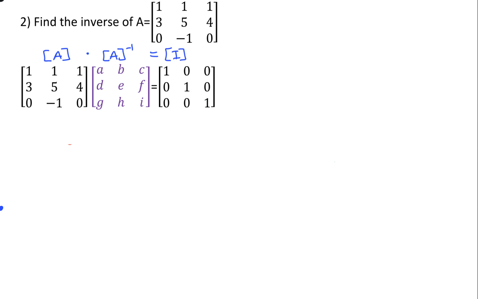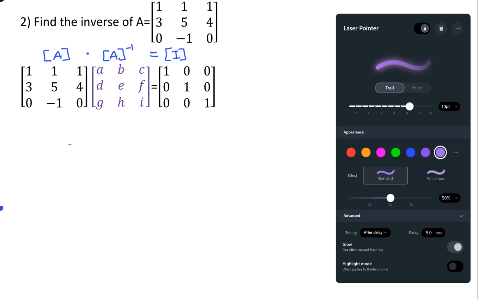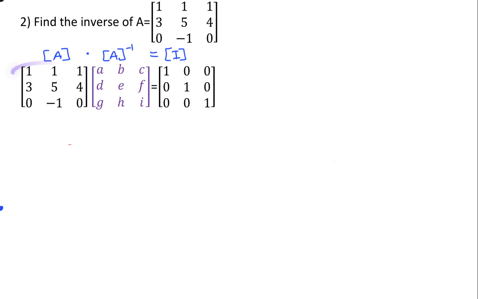So now that we have this matrix equation set up, I'm going to solve it using the same method. So I'm going to say row 1 here, times column 1. Let me just highlight that so we can keep track. Row 1 times column 1 is going to equal this location in row 1, column 1.